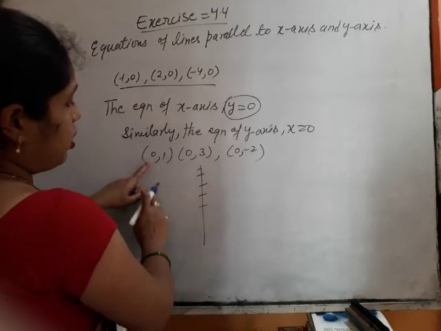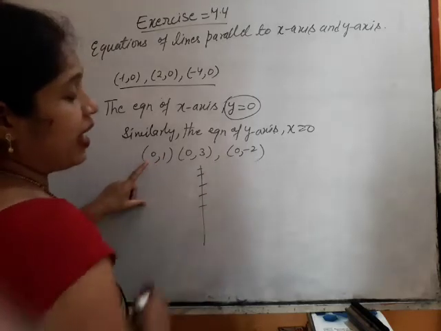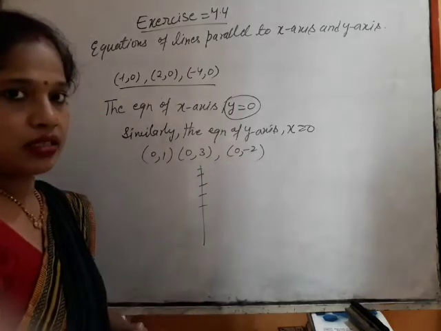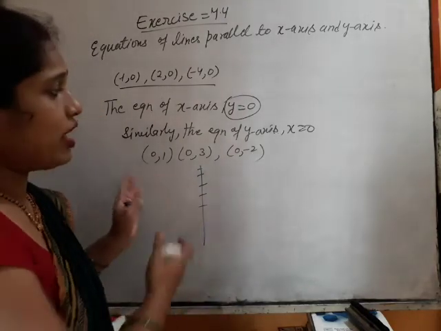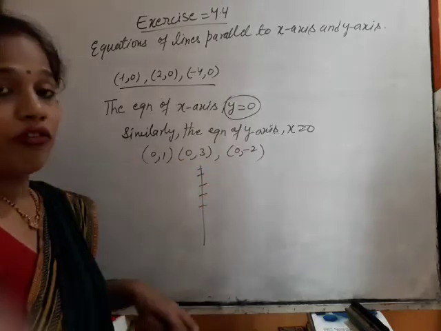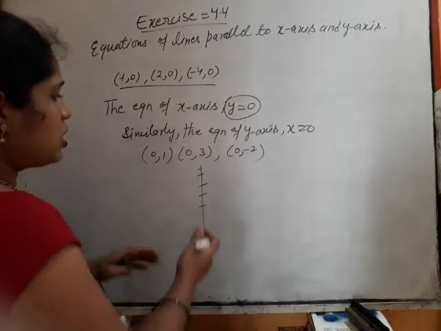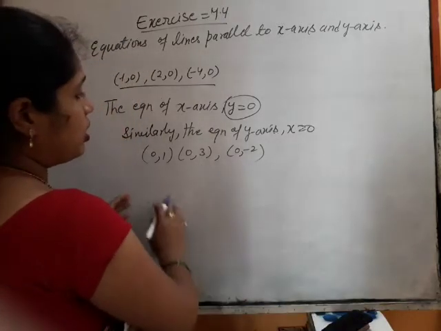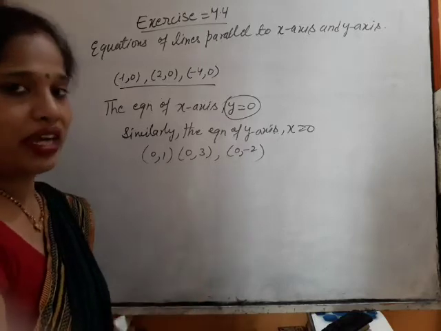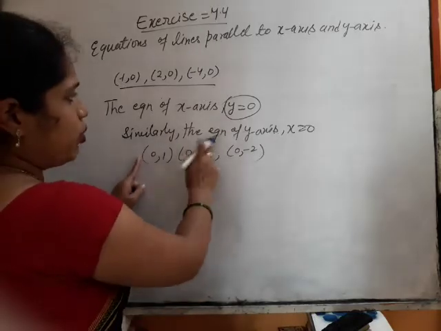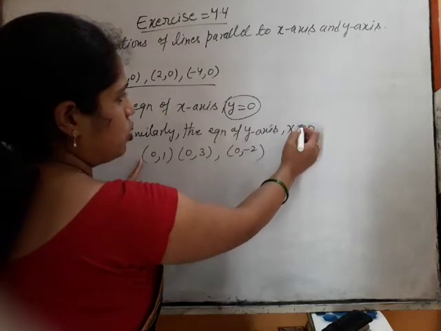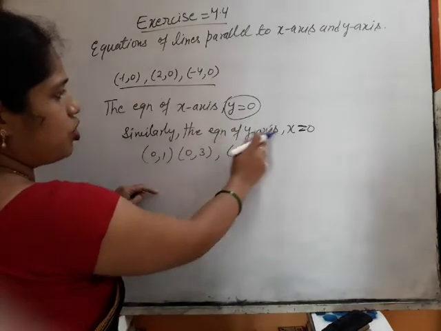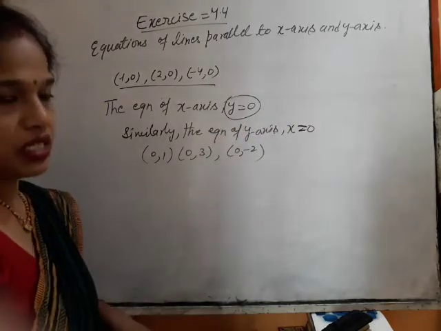Because the x coordinates are all 0 here, so we get only the y-axis. So the equation of the x-axis is y equals 0 and the equation of the y-axis is x equals 0.